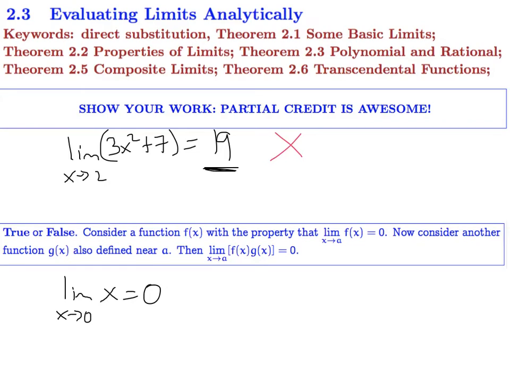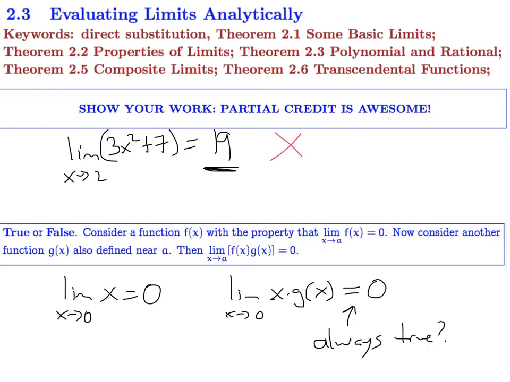This is just a good substitution problem. Is it true that the limit as x approaches 0 of x times g of x will always equal 0? Is this always true? Or can you find a g of x that makes this not work, that breaks it? So try this for a little bit, think about it for tomorrow. Bonus points if you figure it out.